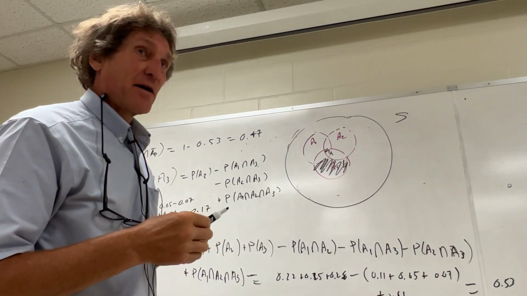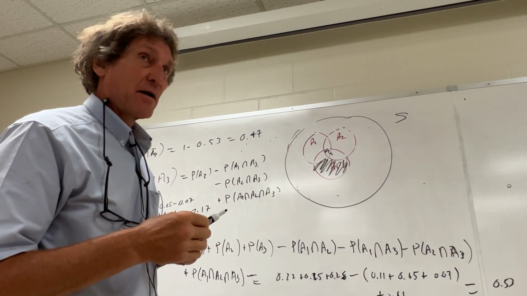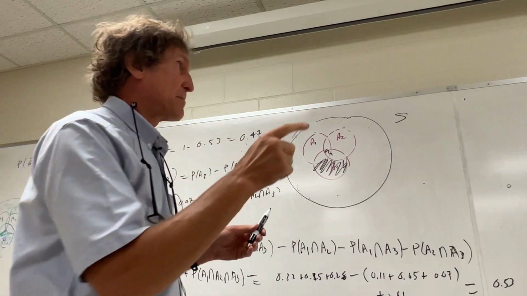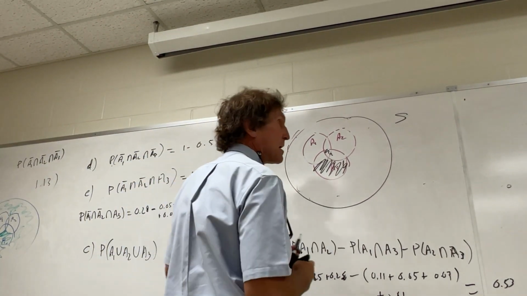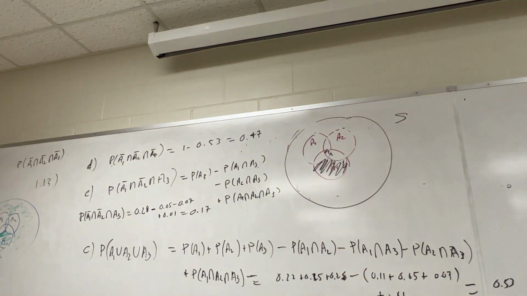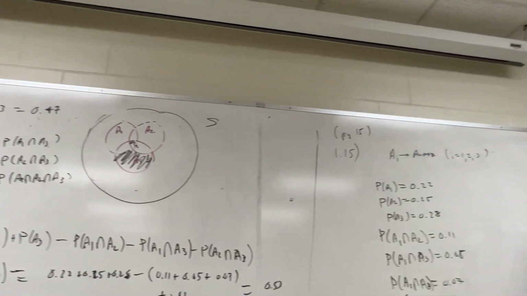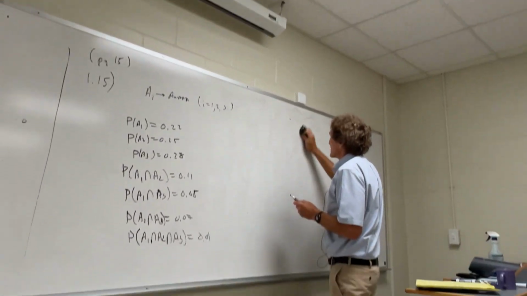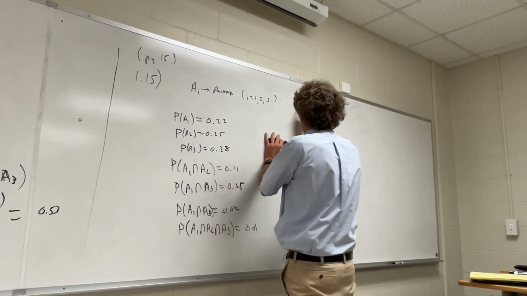All right, you want to do one more? This one has parentheses. So it's start parentheses, A1 not intersect A2. I'll draw it. I'm going to erase this and do it. This is part F, right?